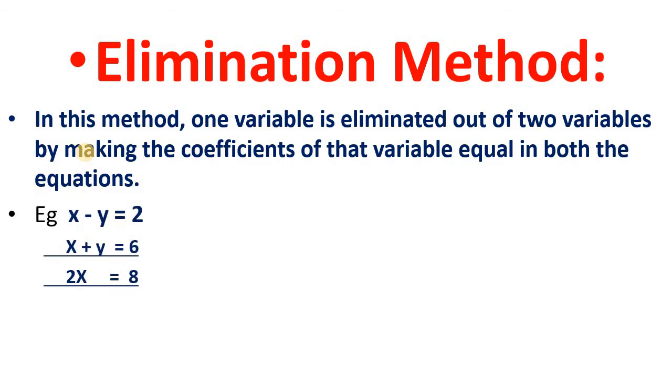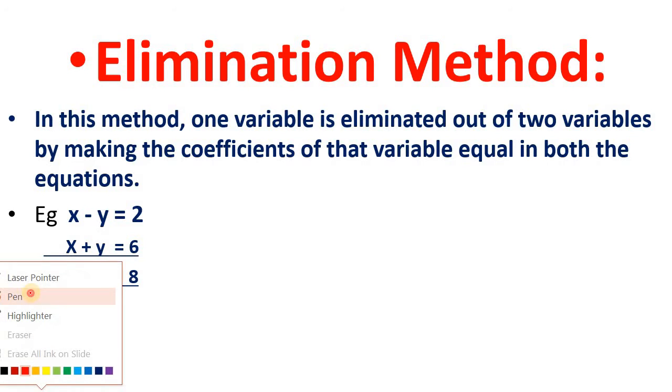Let us see an example. Let us take x minus y is equal to 2 and x plus y is equal to 6. Here two equations are given, which is nothing but a pair of linear equations. Here we have to eliminate any one of the variables. Let us see the coefficients.